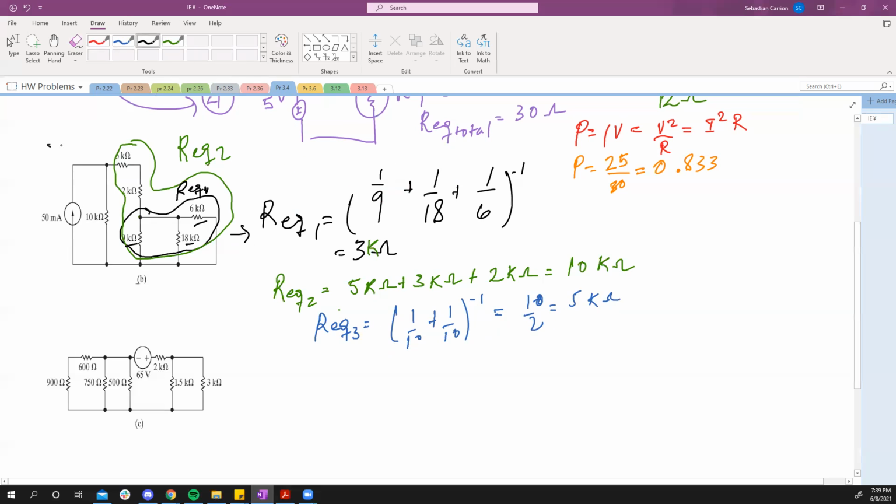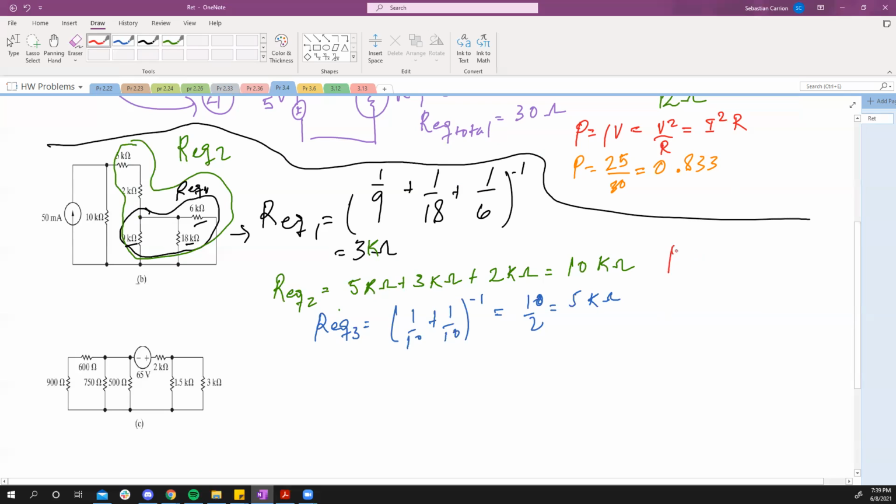And for the power, I'm gonna separate this. For the power, we have current and resistance.